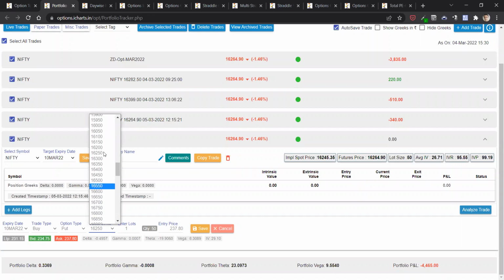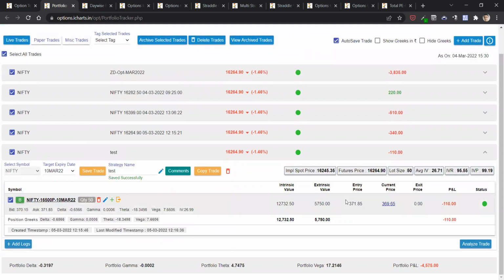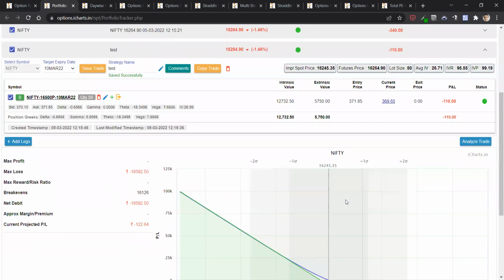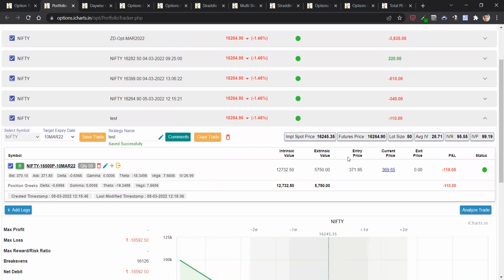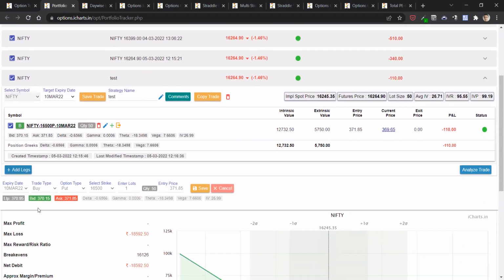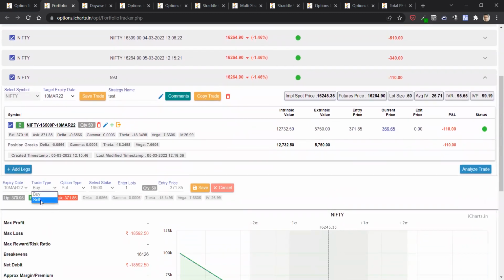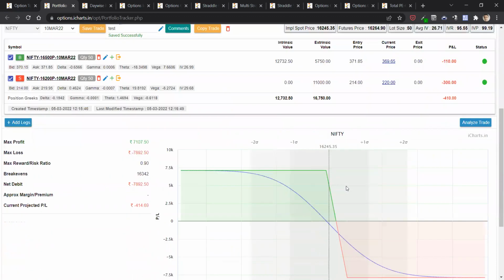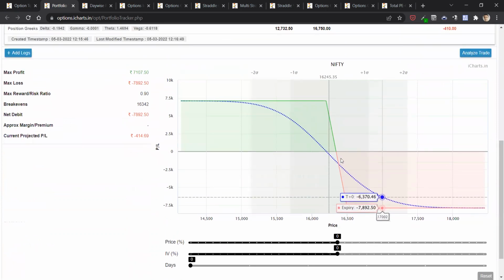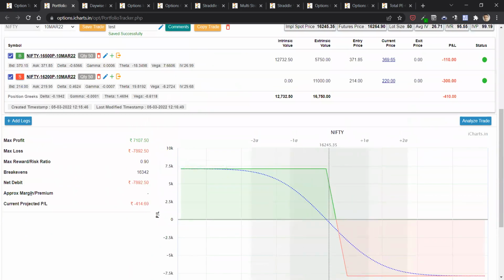Here you just add a trade. You can add your option trades, and then you can click analyze trade to view payoff charts. This margin is still pending. We need to get this information, but we'll add it soon.